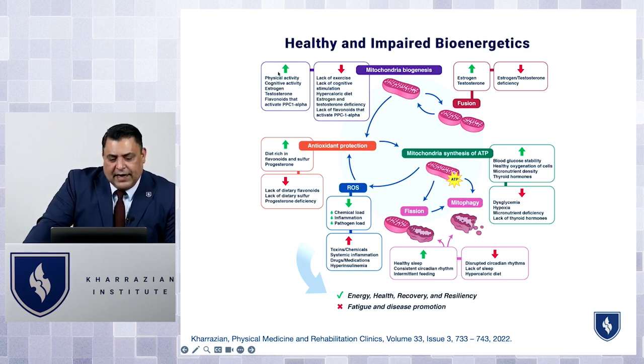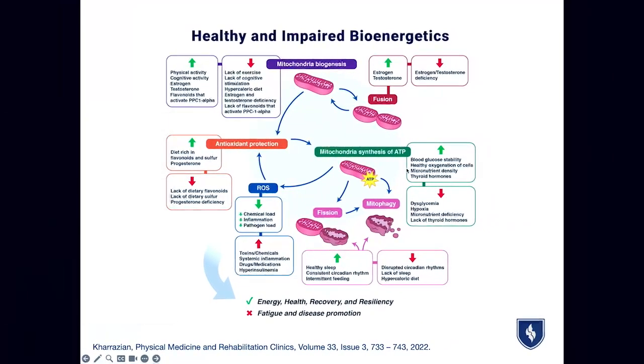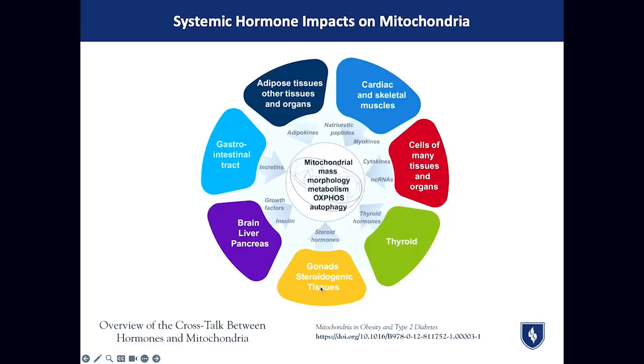So when you're looking at a patient that can't recover, in addition to making sure they have hormones, physical activity, cognitive activity, having flavonoids, having blood sugar stability, having micronutrient density, having their chemical load reduced, having healthy sleep, having consistent circadian rhythms, even things like intermittent feeding where they have breaks in between meals, between breakfast and lunch, lunch and dinner, those are all key to optimize this recovery pathway with chronic patients.